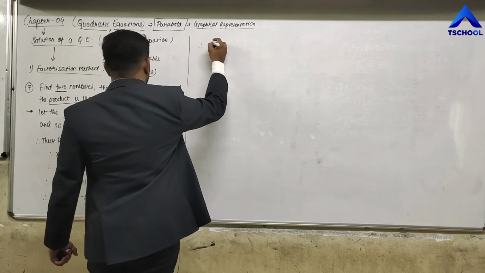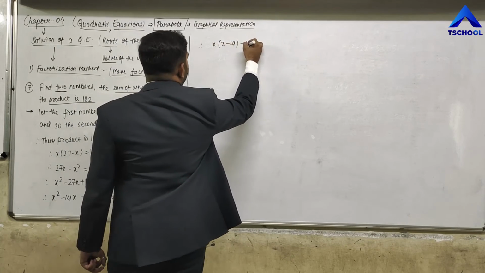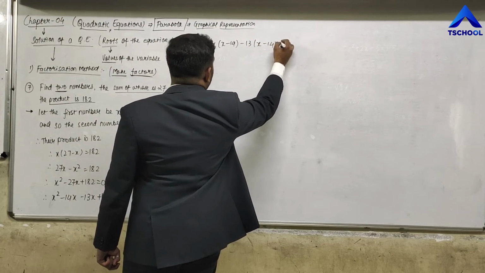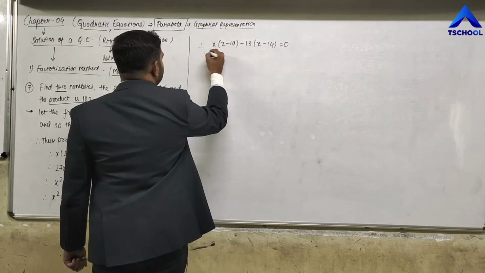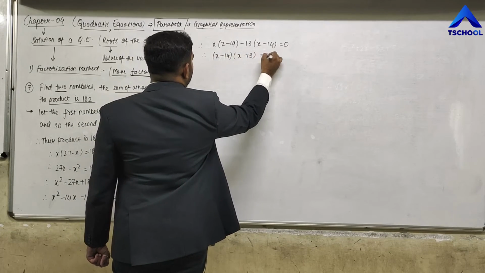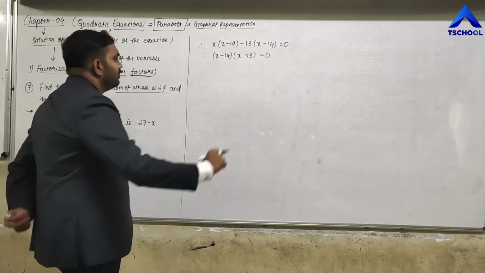Therefore, we shall get x into x minus 14 minus 13 into x minus 14 equal to 0. Therefore, x minus 14 into x minus 13 is equal to 0.